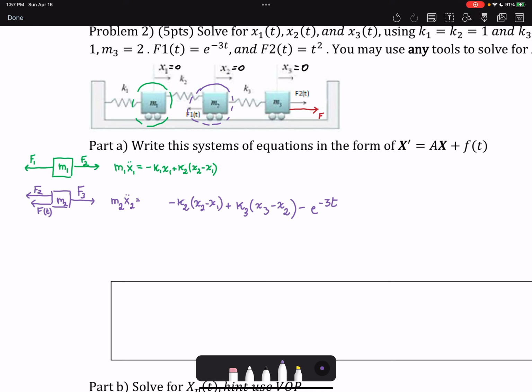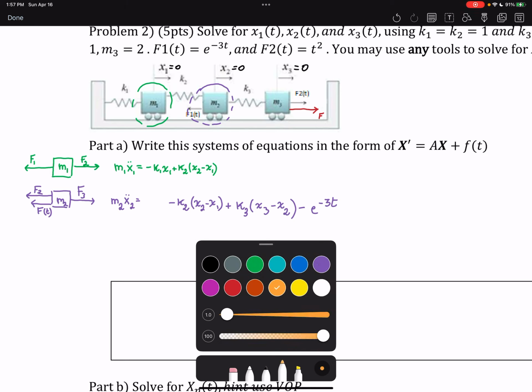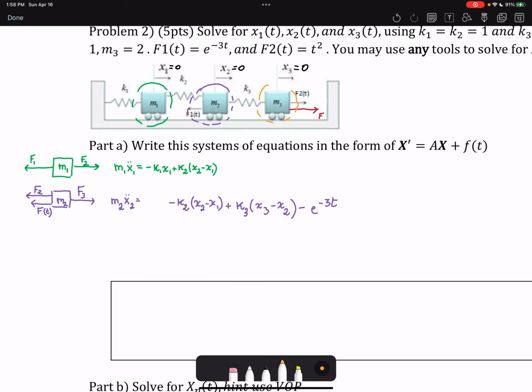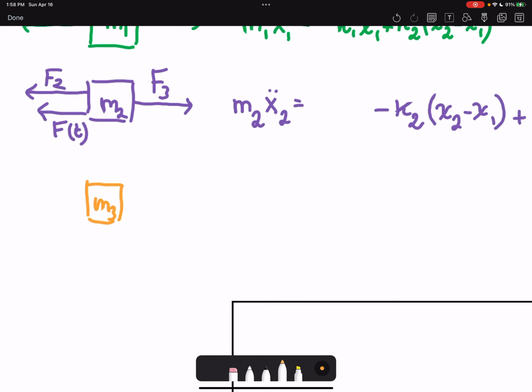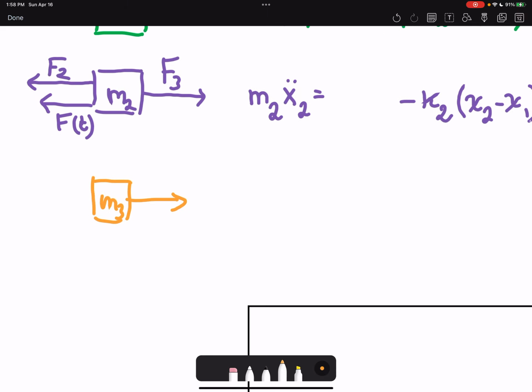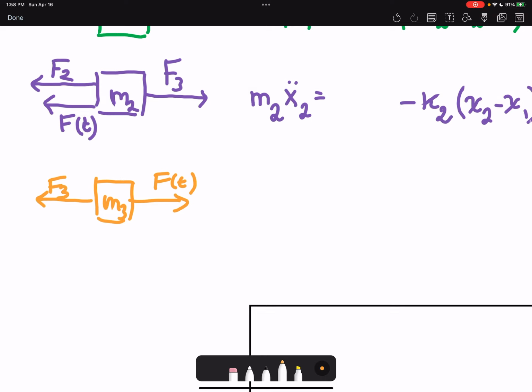And then we can focus on the third block, which is going to be this block over here. Now don't consider that because that wasn't there. And what can we say about it? Well, we can say we have another block, M3, and this block has a force this way, which is a forcing function, and then a force back, which is proportional to F3.